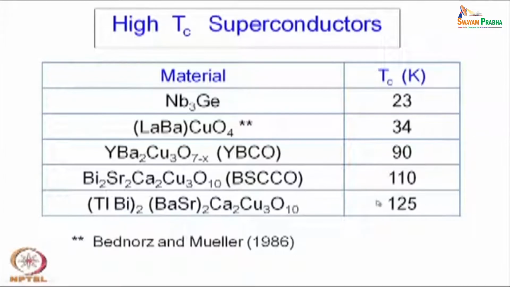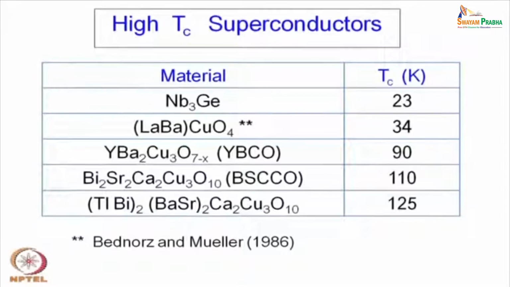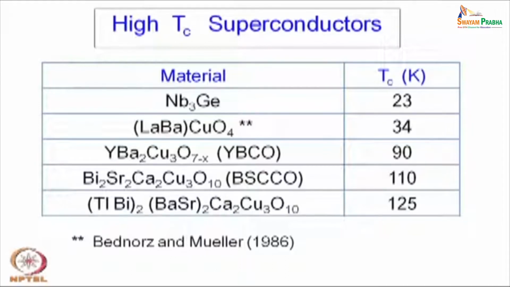At that point of time, of course, there was a high expectation that superconductivity could be observed even at room temperature or higher than room temperature, but that has not been so.